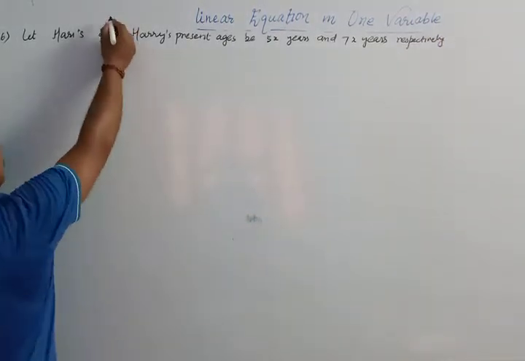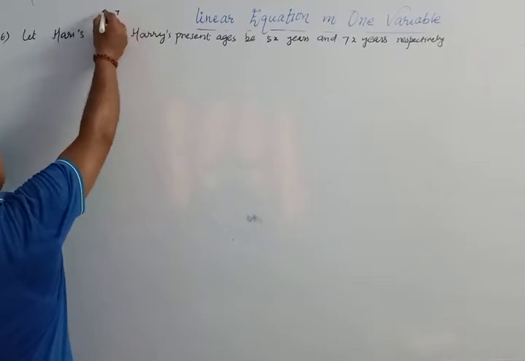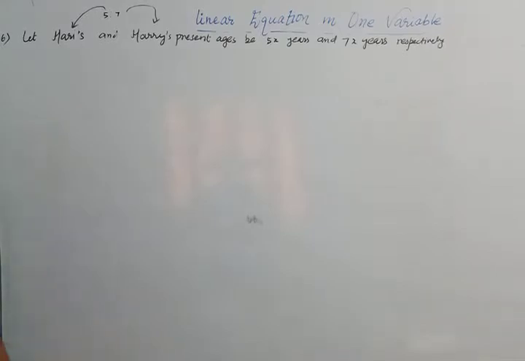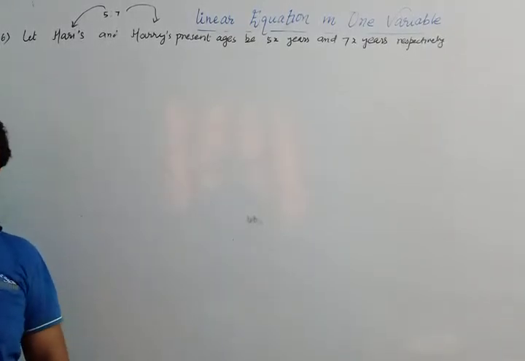Since 5:7 is given, 5 stands for Hari and 7 stands for Harry. So on the basis of that, I have assumed their present ages.